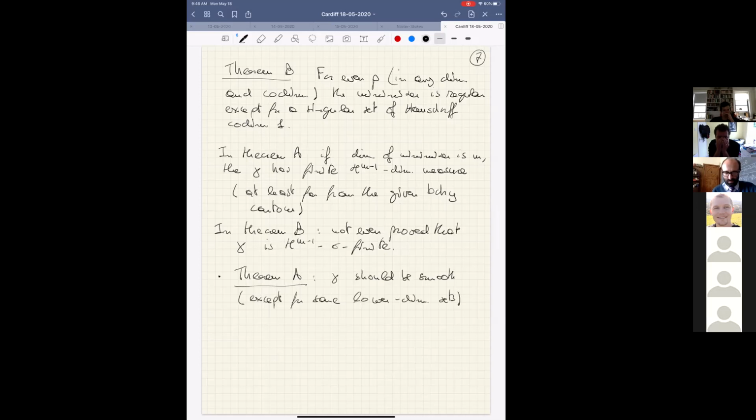And in theorem B, of course, at least you would like to prove that your gamma is rectifiable and has a finite m-1 dimensional measure, right? So gamma at least rectifiable and with finite measure.